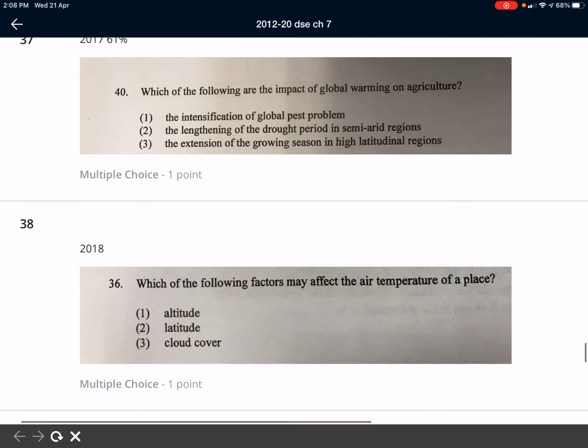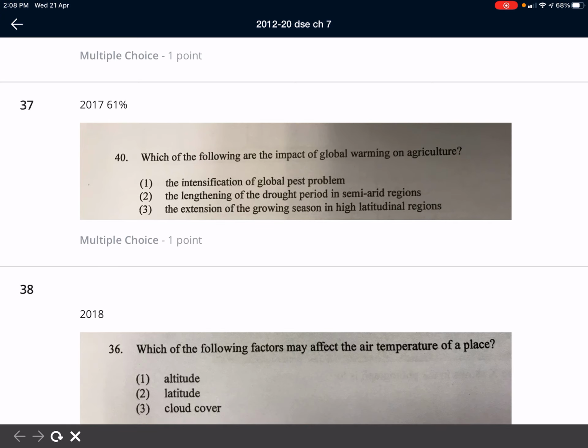Number 37, which of the following are the impacts of global warming on agriculture? The intensification of global pest problems. True, because you may find a lot of locusts flying around India, Africa, and even China. So number 1 is correct. Number 2, the lengthening of the drought period in a semi-arid region, is also okay.